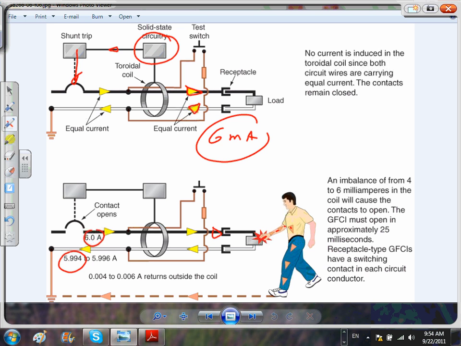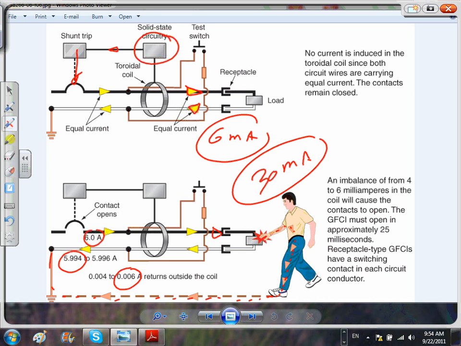That loss went through your friend Chad down to Mother Earth, into the source, as it should. The circuit breaker will see this 6 milliamps, and what does it do? Trips. As I said, it's very fast. In other places they use 30 milliamps. The same concept: it will allow 30 milliamps.